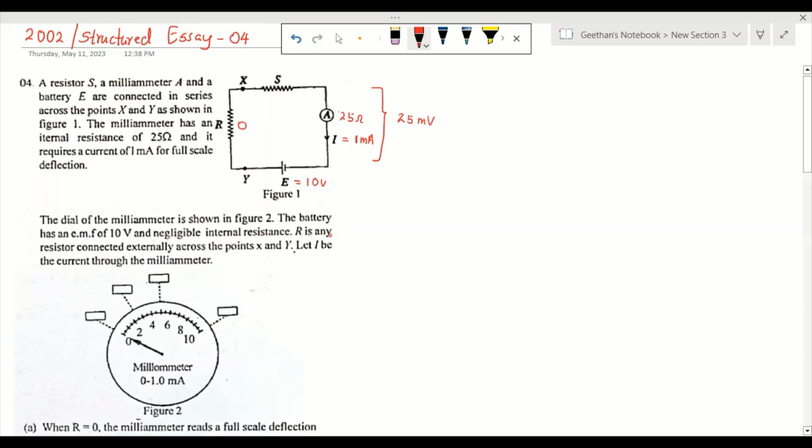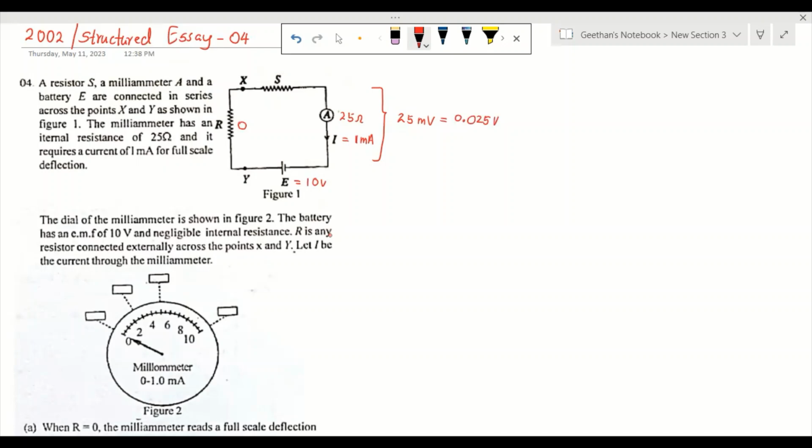So if that is 25 millivolts, the rest of the 10 volts must be across S. 25 millivolts is 0.025 volts.